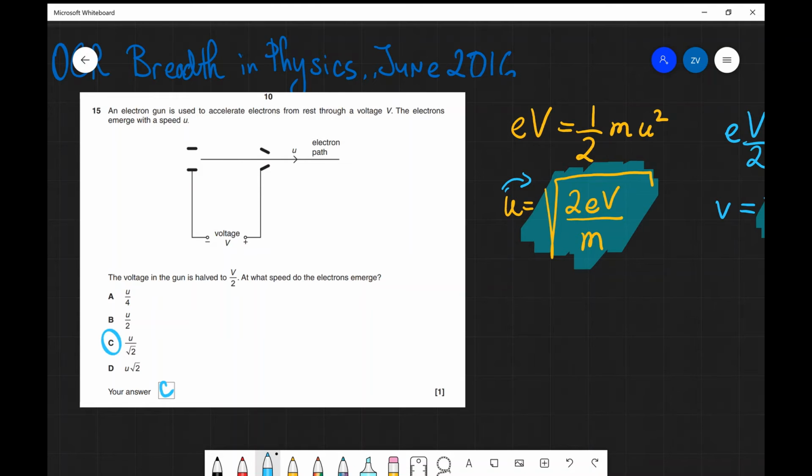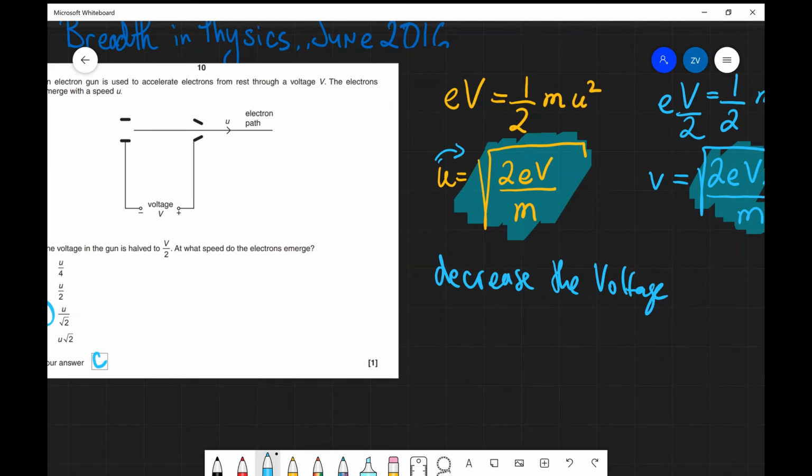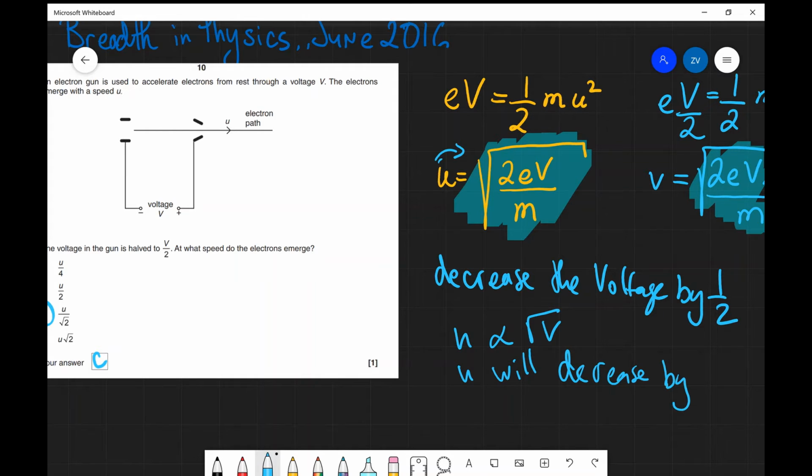So if you were to decrease the voltage by 1/2, because u is proportional to the square root of the voltage, you will decrease by a factor of the square root of 1 over 2.